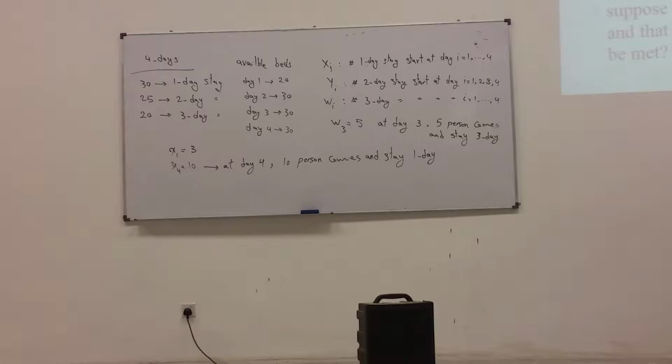X1 is a 1 day stay, so we don't have X1, because at day 2 they leave the hospital. So X2 we have at day 2, since they come for a 1 day stay.